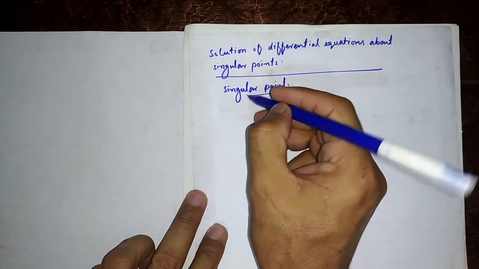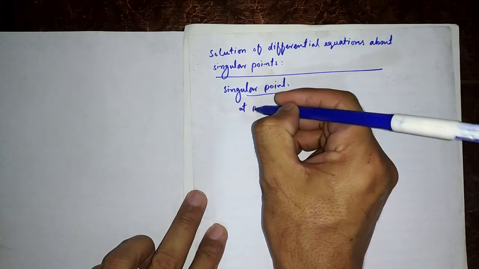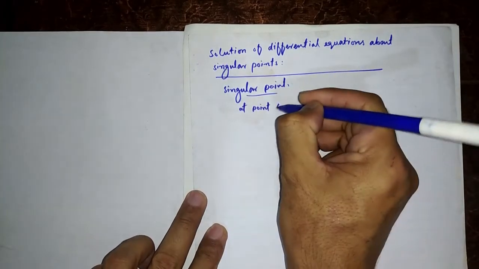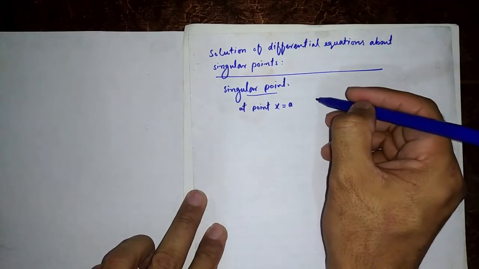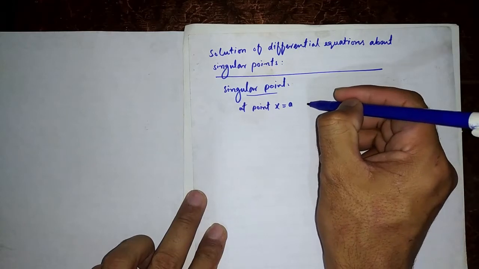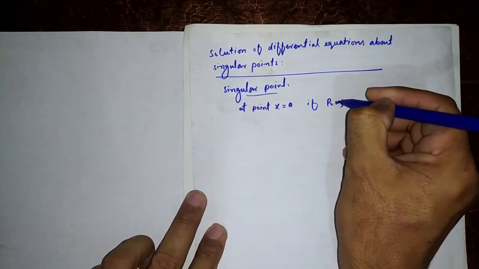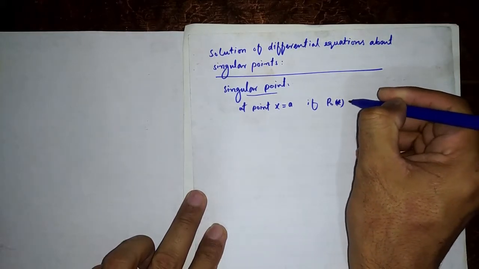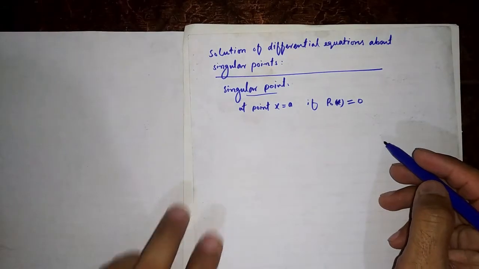If at a point, let's suppose x equals a, p naught of x is equal to 0, clear?